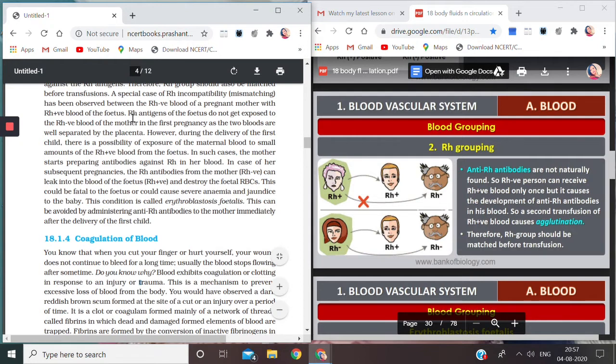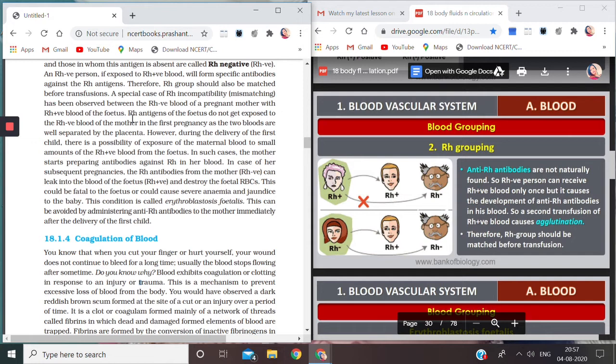Now, why does the doctor want the blood grouping test? Because she wants to see whether the mother is negative or positive. If she finds out that the mother is Rh negative, then she will ask her husband to go for another blood test, just to see whether the husband is also Rh negative or positive.